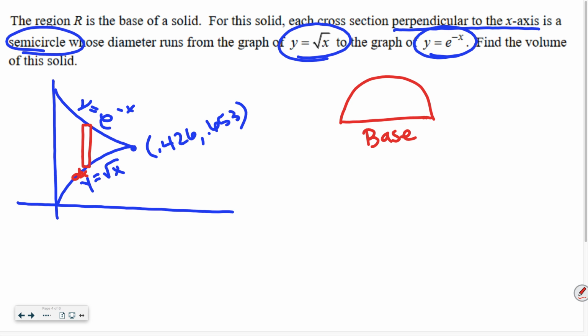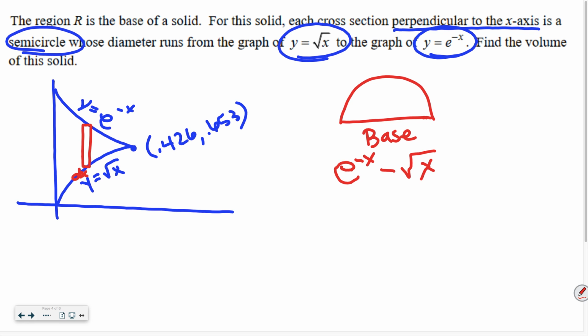Max, how would we describe the length of the diameter? You would do the top minus the bottom, so e to the negative x minus radical x would be the diameter of our circle.